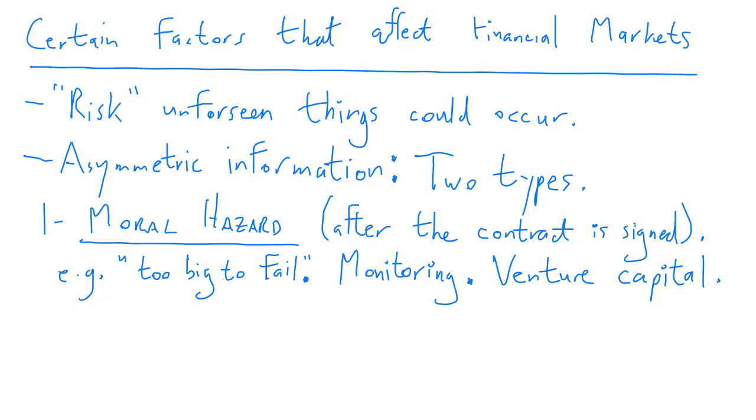But in addition, one of us from the venture capital firm will become your partner. Now we're not only monitoring because we're in the firm looking around and seeing what's going on, we even have some decision power that we've taken away from you or are sharing with you. So that's another way of trying to get around the moral hazard problem, which is by sharing the decision power. That doesn't work very well in the case of car insurance, but it does make sense when we're thinking about things like starting new business projects.